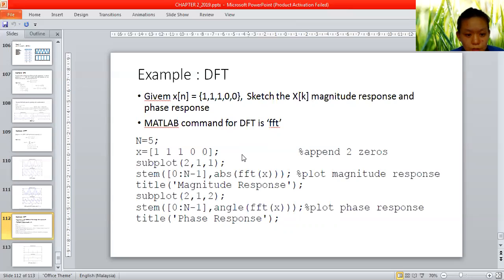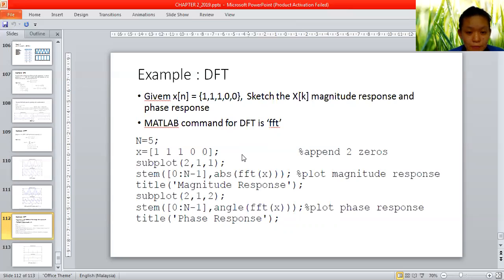Then we also plot the graph for the phase response, and here we just change abs to angle. So we will plot the phase response. That's it. Right click, run.